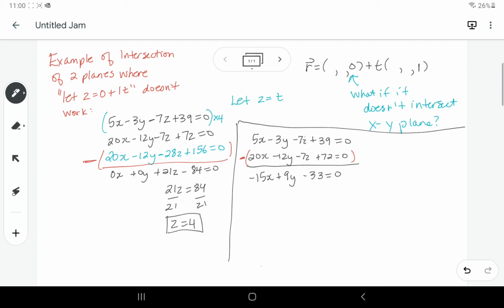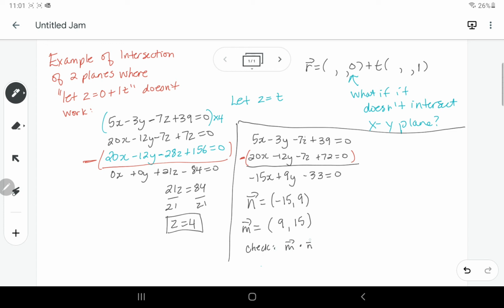But I know the normal to this line will be negative 15 and 9. That means the direction vector of that line that would be perpendicular will be, it's kind of like a negative reciprocal, it will be 9, 15. Swap the signs.